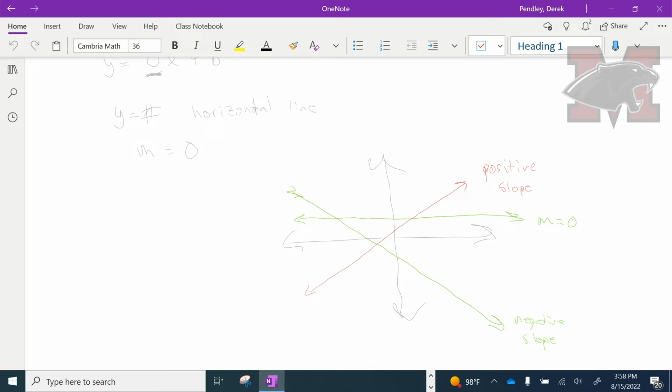I'll do that in a different color, blue. But if I drove a car on a road that looked like that, I would be undefined because I'd die.